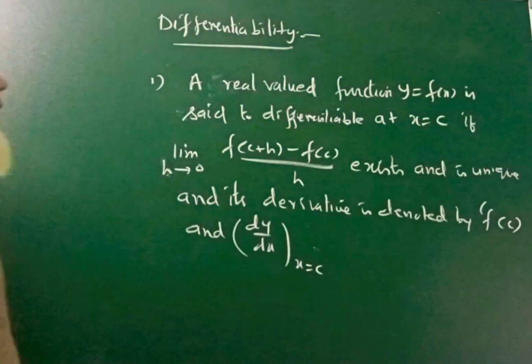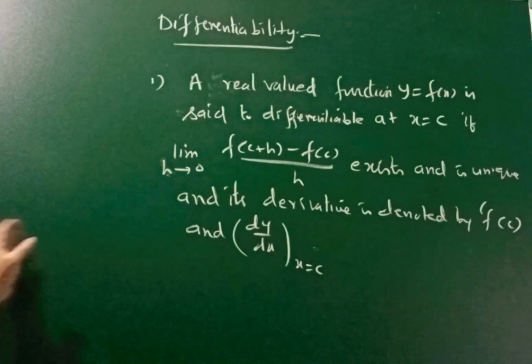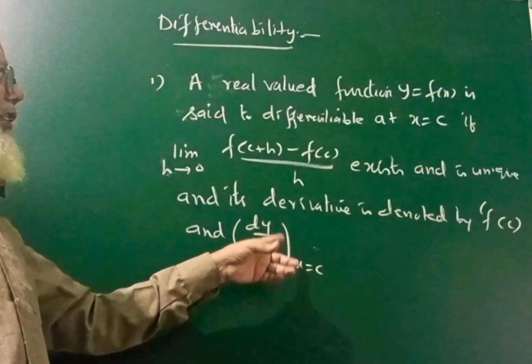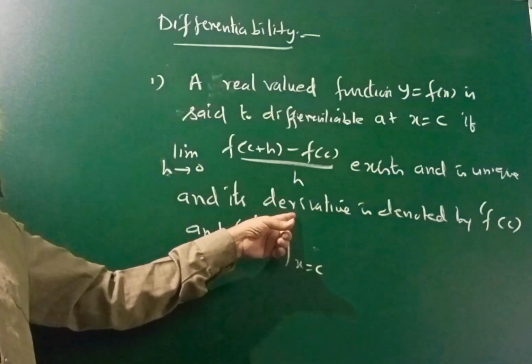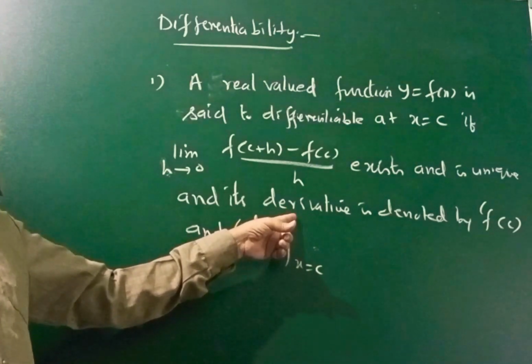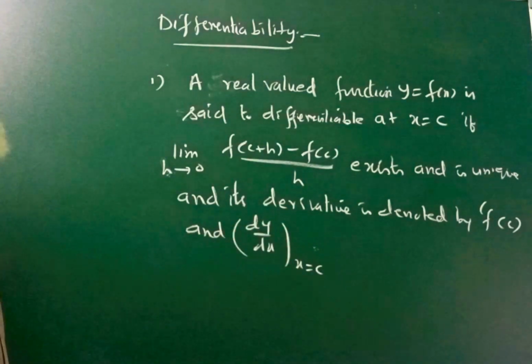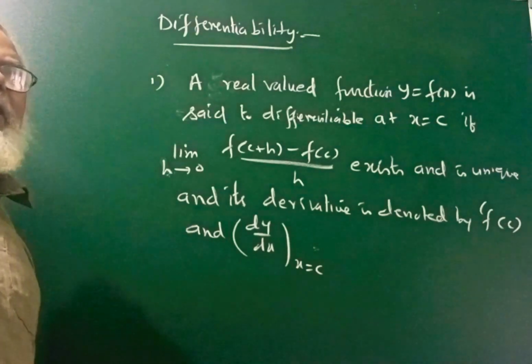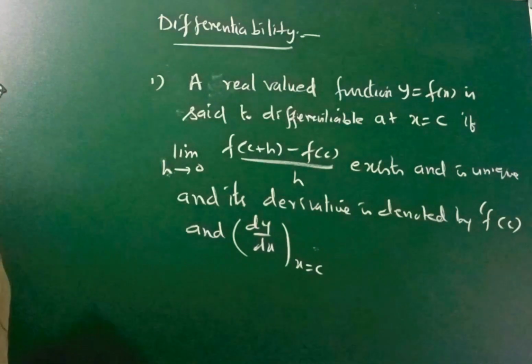That is the definition, and the value of this limit, if it exists, is called the derivative of the function f(x). This definition is at a particular point c, which is in the domain of f.